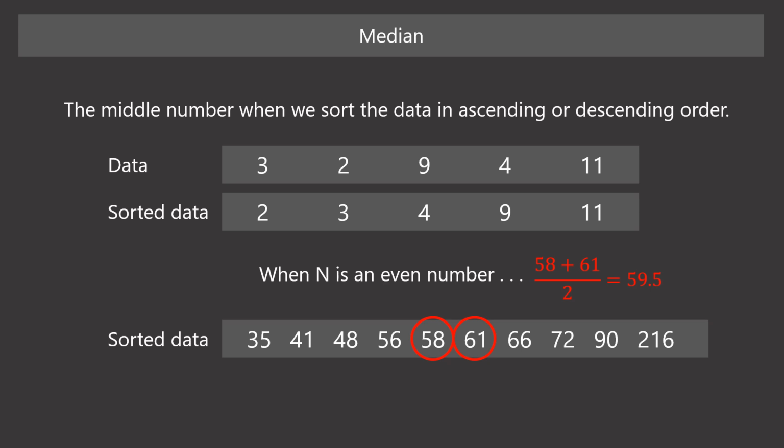When we use a dataset with an even number of observations, the median is the average of the middle two values. Here, the middle two numbers are 58 and 61. So, the median is 58 plus 61 divided by 2. So, it is 59.5.